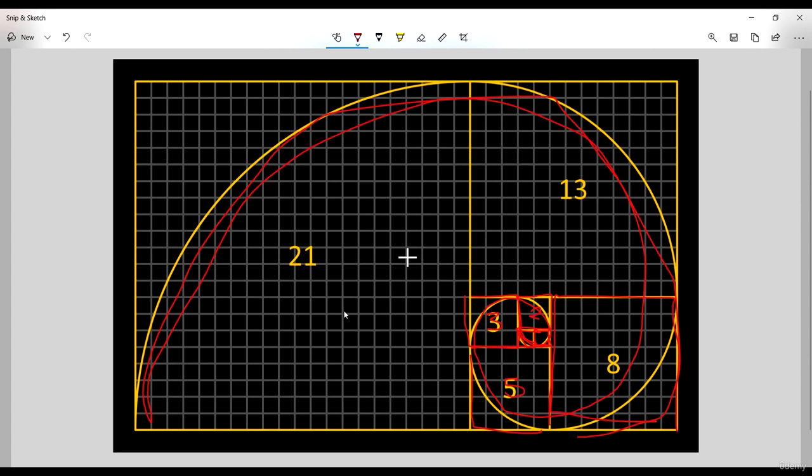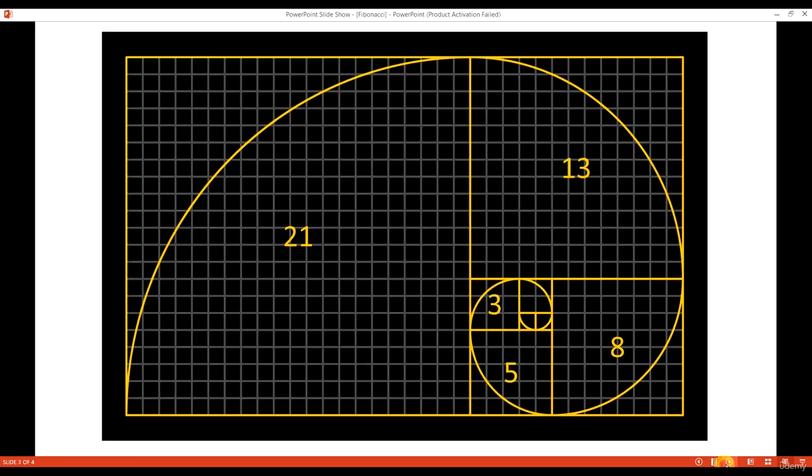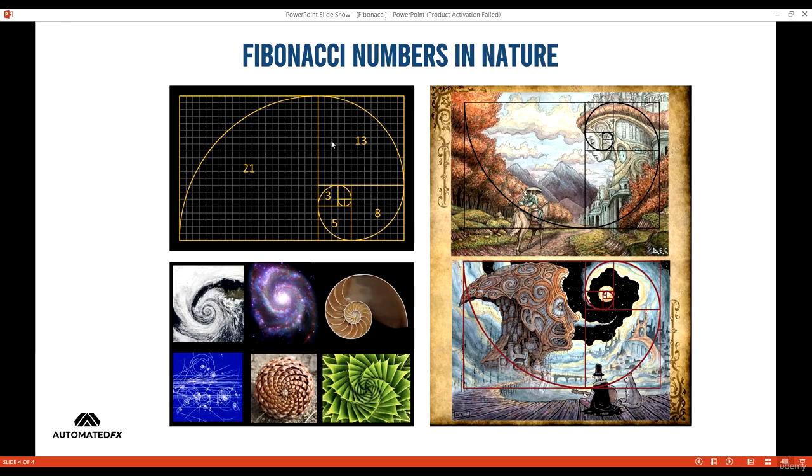So what's special about this Fibonacci spiral chart? Now, coming back to our slides, when you look at phenomena like nature and art, you tend to see that these natural forms follow the Fibonacci spiral chart.